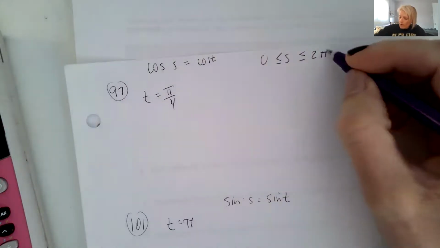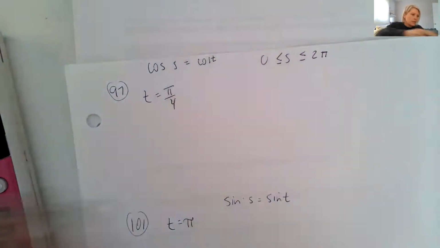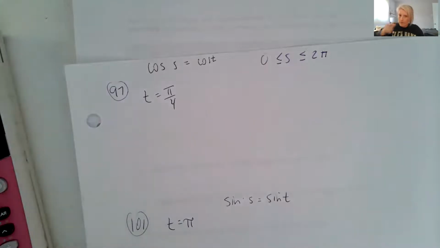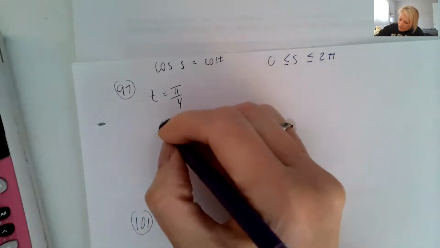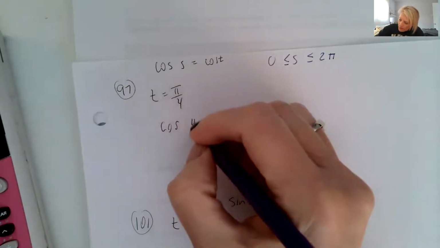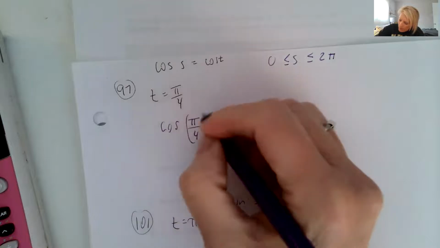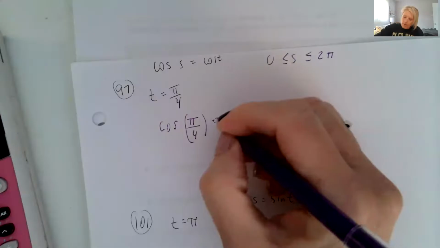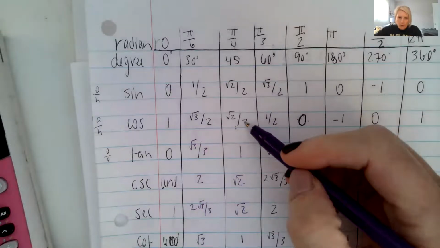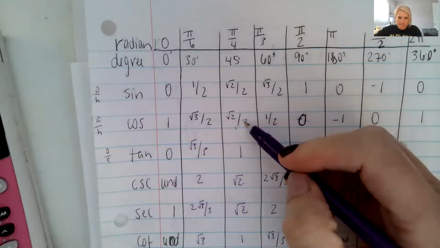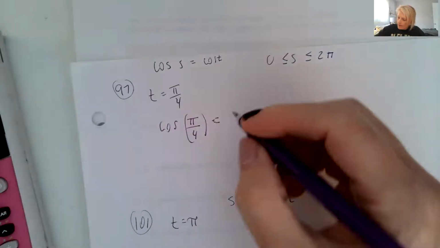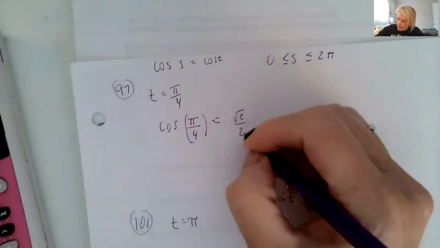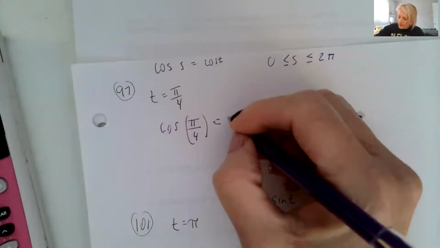So we have to figure out cosine of T. That's what we have to match, right? Cosine of pi over 4. Let's just look at our sheet here. Pi over 4 for cosine is square root of 2 over 2, and at pi over 4, it's positive.